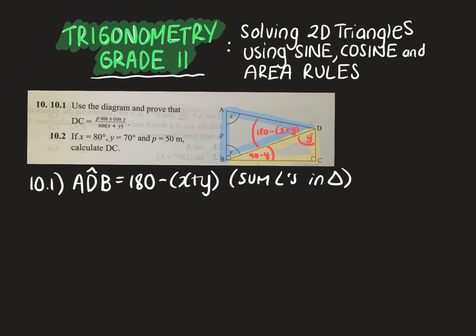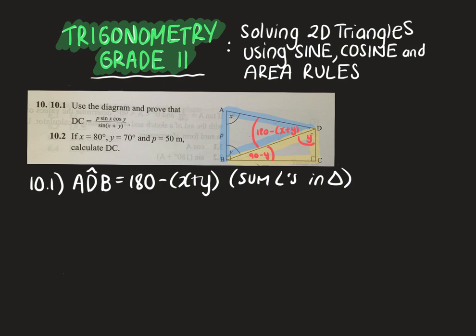Just for explanation and teaching purposes. And you always have to check with your teacher, guys. At the end of the day, they're marking your paper. So maybe go up to your teacher and ask them, ma'am or sir, please, do we have to put reasons when solving 2D triangles with our trig? Yes or no? And then you'll know whether to do it or not. But I'm going to be doing it just for teaching and explanation purposes.